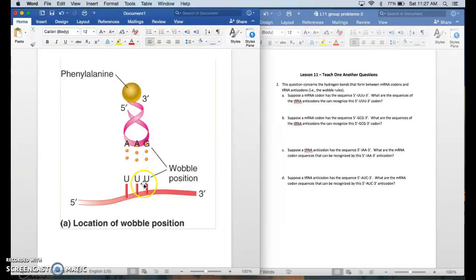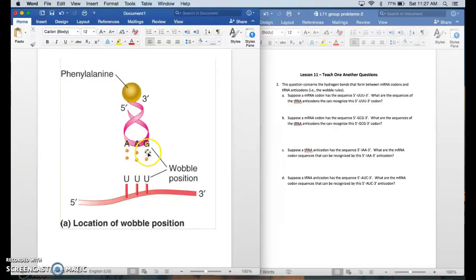What the wobble rule states, and you can see this codon right here, is that the 5' most nucleotide and the middle nucleotide always follow the AUCG rule. So these two from the mRNA are always going to match the normal rule on the anticodon in the tRNA.